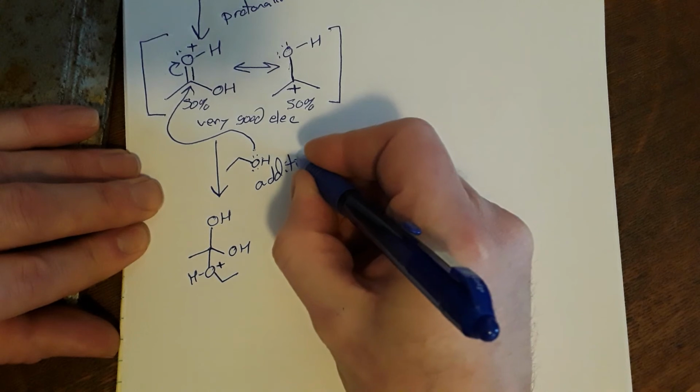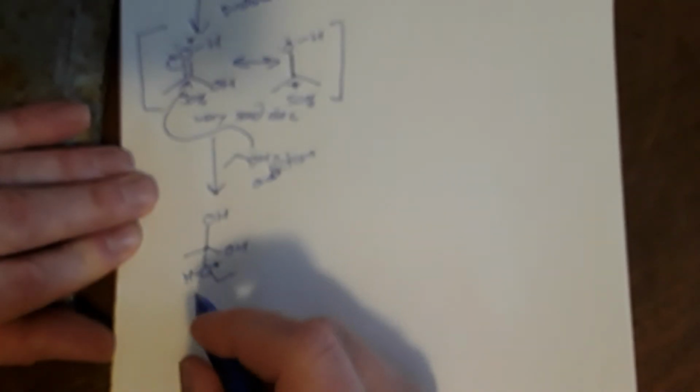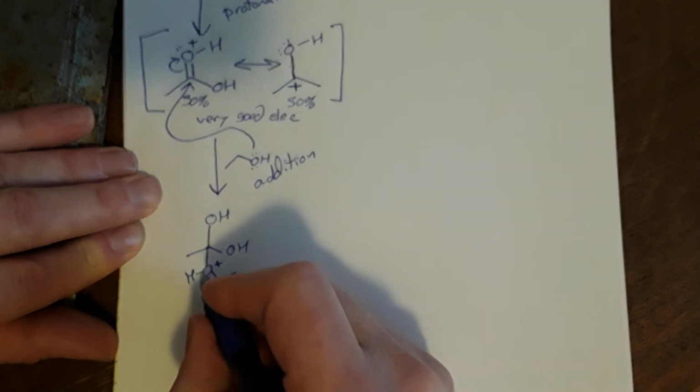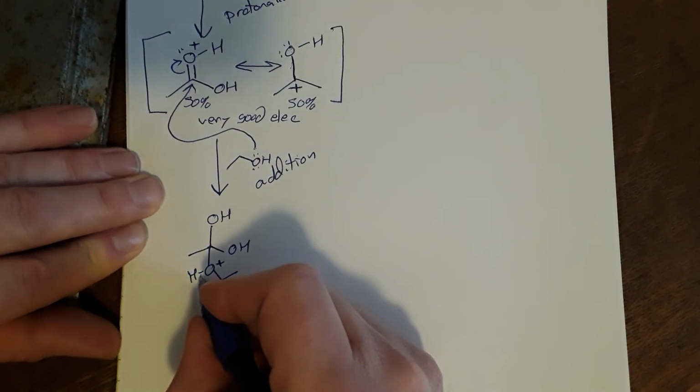And what do you think we do in the next step? Protonation, or do something else? Deprotonation. So in the end, we have to get rid of that hydrogen, and so before we add a proton onto something else, we have to take this one off.